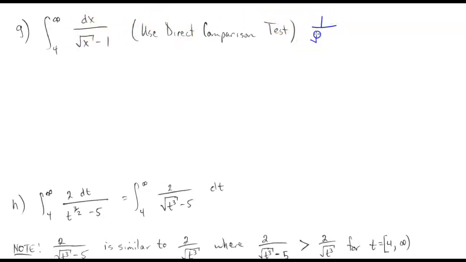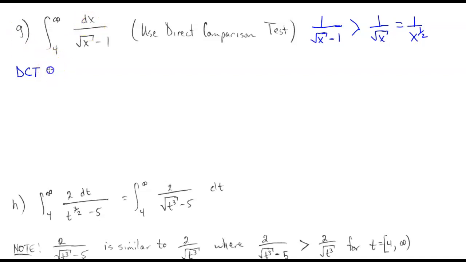So let's recall here that if we look at our integrand and we compare it to 1 divided by square root of x here, remember that the original integrand is actually larger than 1 over square root of x, or it's larger than 1 over x raised to the 1/2. So according to the direct comparison test, if the integral of the smaller function is divergent, then it means the integral of the larger one is as well.